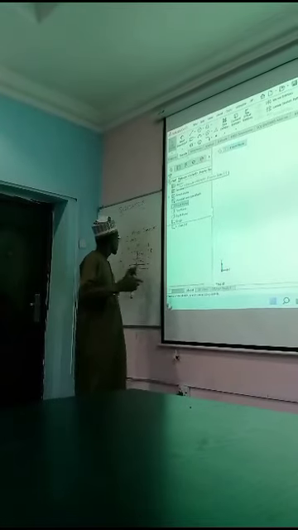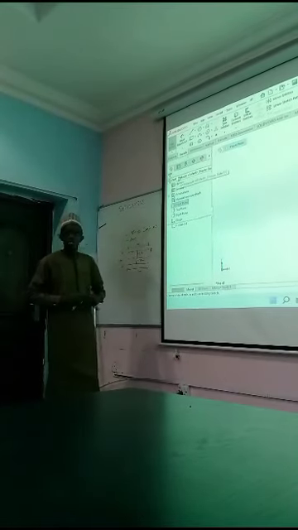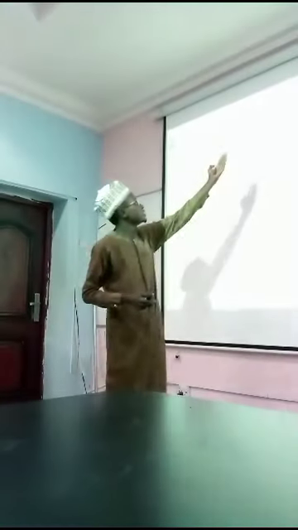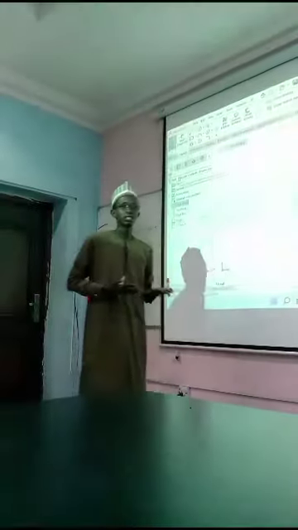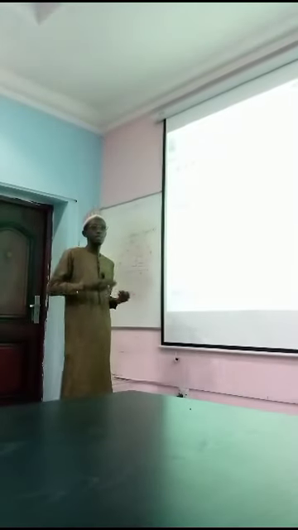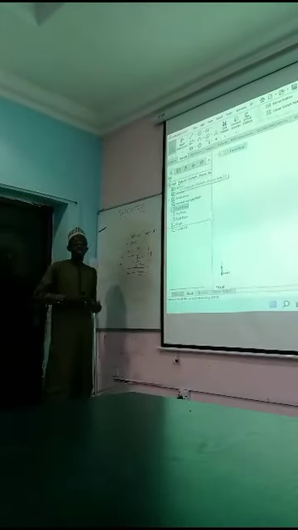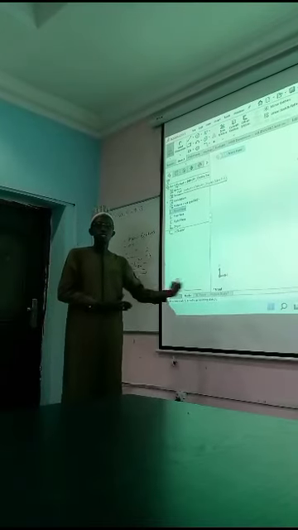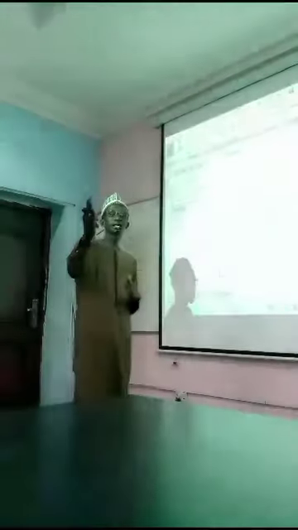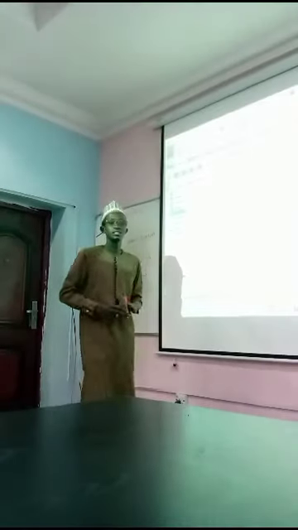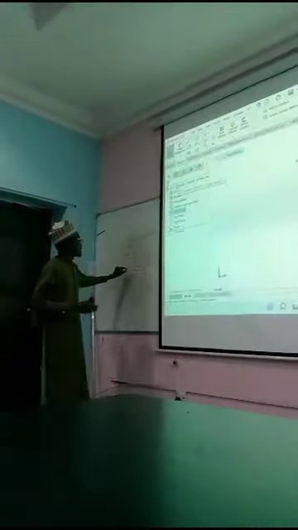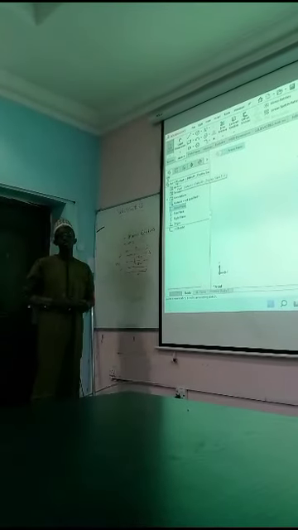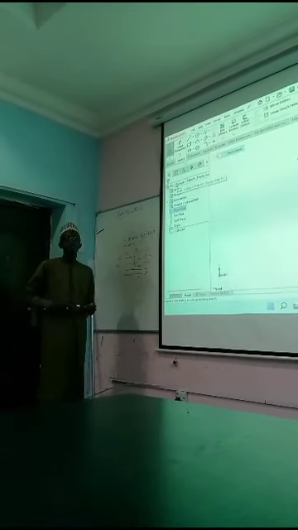If you want to go beyond this, you now go for another operation, which is the linear sketch pattern. In linear sketch pattern, you have the chance to increase the distance, reduce the distance, or you put it in an angle. That is the limitation of this and the advantage of the other one, which is the linear sketch pattern.